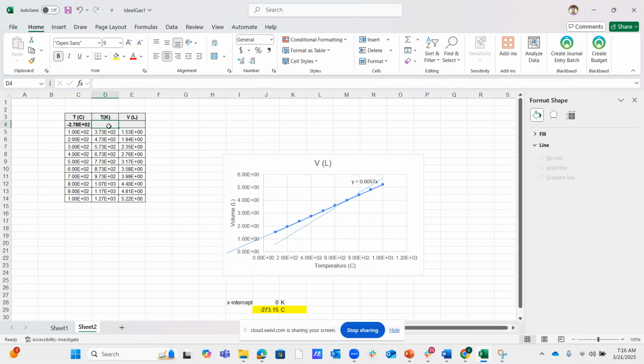Now I need to figure out a corresponding value. So let's see, let me try and do that here. Let's say 273 is somewhere here. What will be the corresponding?